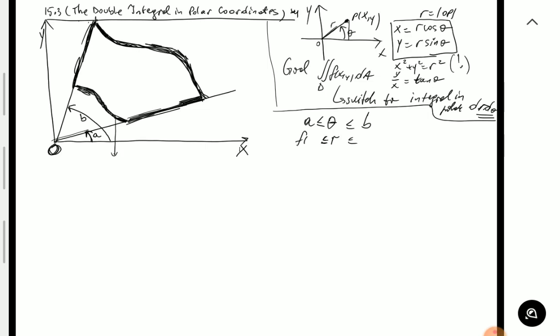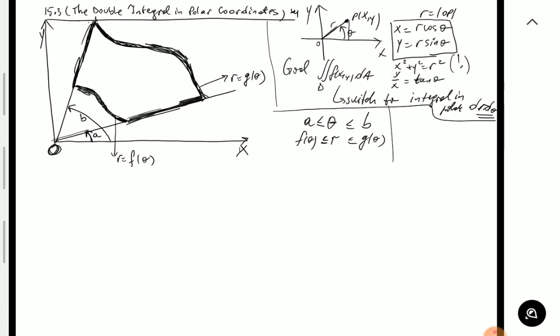Let's say f of theta on the left side and g of theta. So that means this curve here is r equals f of theta, and this one here is r equals g of theta. Other than that, the whole concept of setting up the Riemann integral is exactly the same.